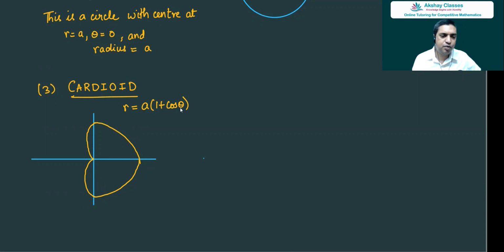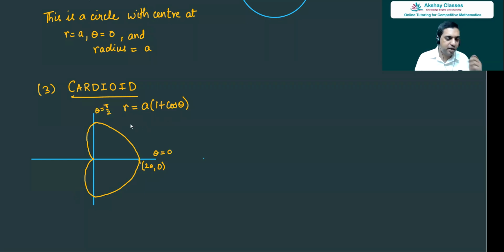When theta equal to 0, the value of R is 2a. So this point will be R comma 0, 2a comma 0. This is the theta equal to 0 line. This is the theta equal to pi by 2 line.